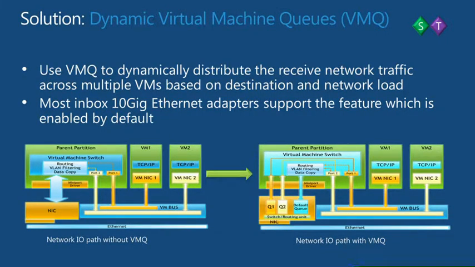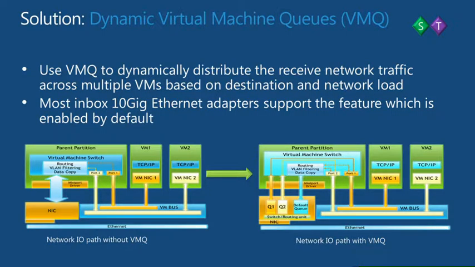Your NIC, as soon as it gets a packet, writes to a specific piece of memory which only that VM has access to, and then the CPU is not involved at all. So the first time the packet comes in, the CPU is involved. It understands that this packet needs to go to this specific VM. If it's this specific header, just reroute it automatically. So after the first iteration, the CPU is free from that point on.